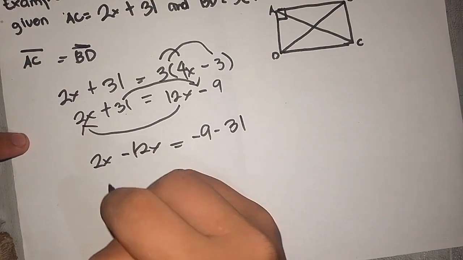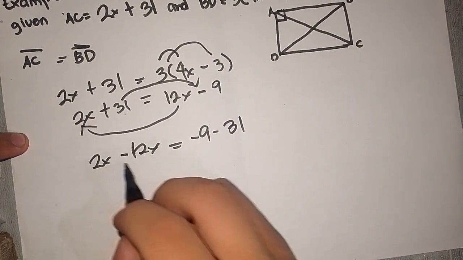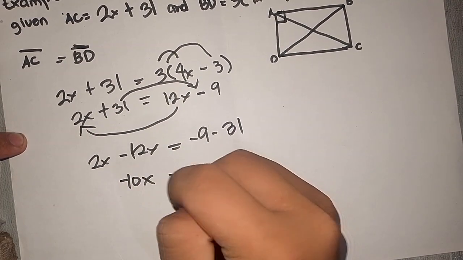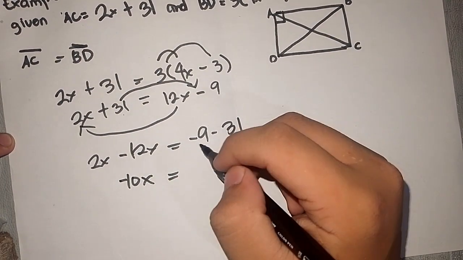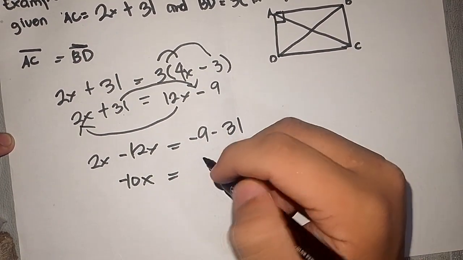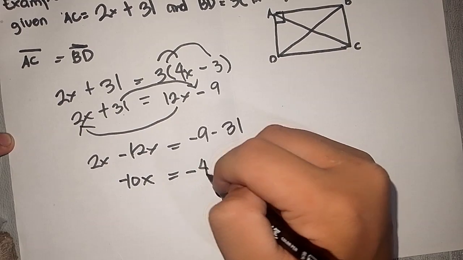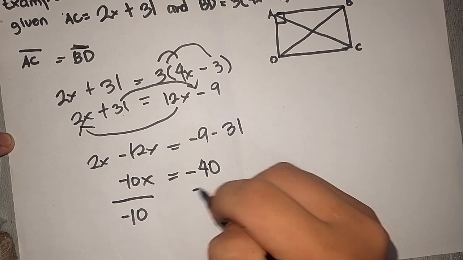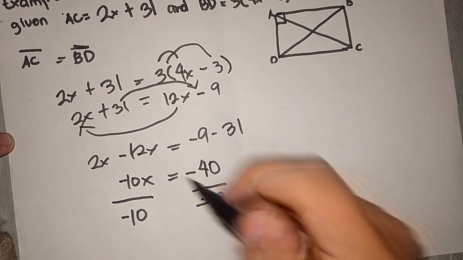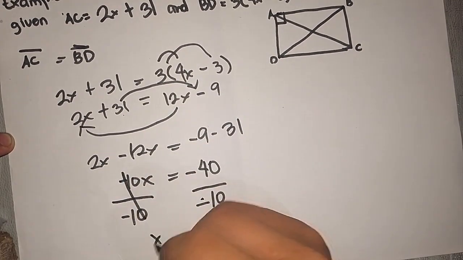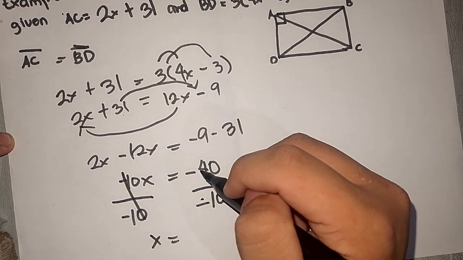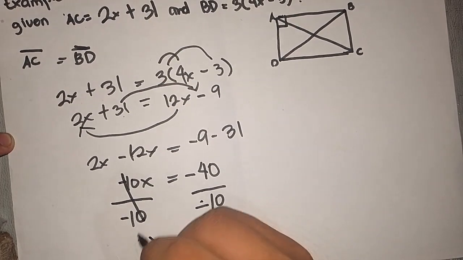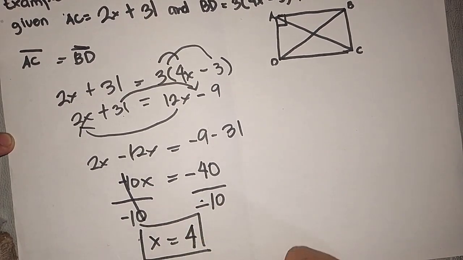So negative 10x is equal to negative 40. Divide both sides by negative 10, then x is equal to negative 40 divided by negative 10, which is 4. So our x is equal to 4.